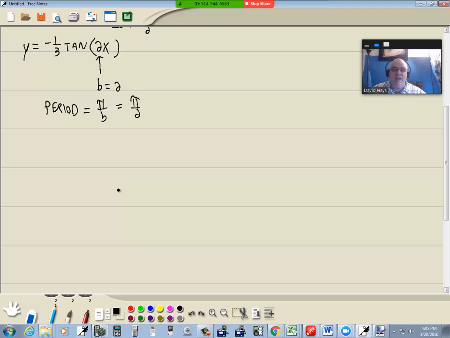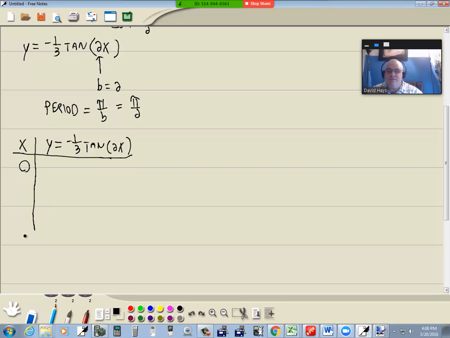Now we want to build a t-chart for this: -1/3 tangent 2x. Now our first entry here is always 0. Our last entry is always our period. So that's p.